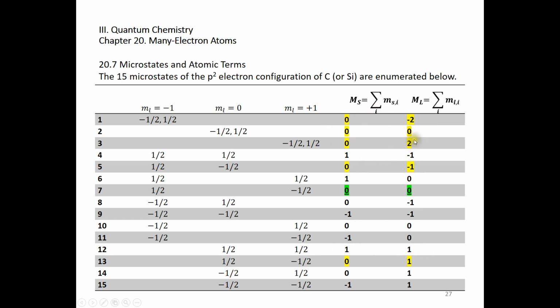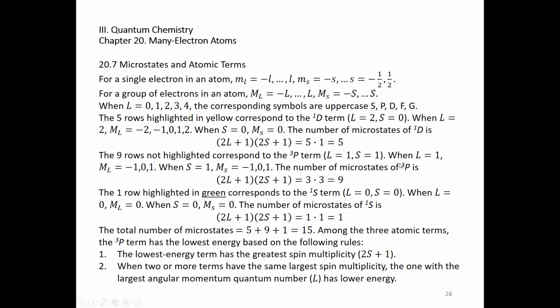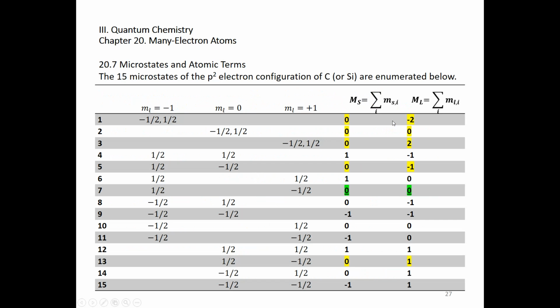So M sub L can be negative 2, negative 1, 0, 1, and 2. Alright? And also we have information about this. S, when S is 0, M sub S can only be 0. Alright? 0, 0, 0, 0, 0.